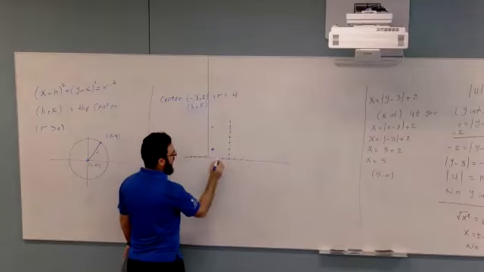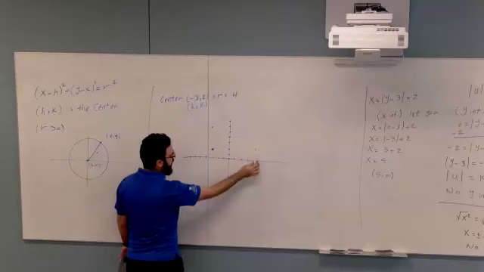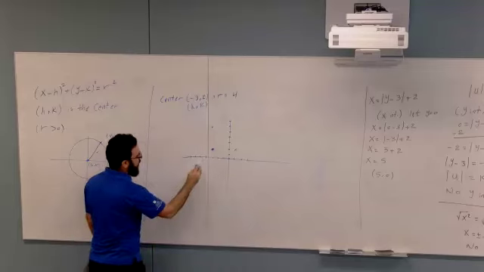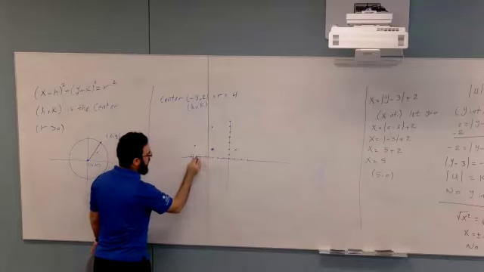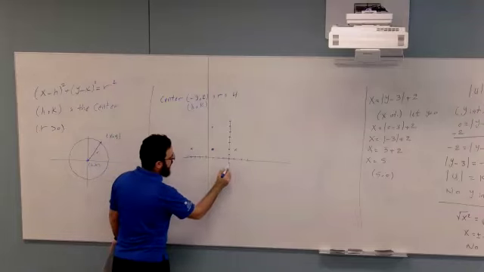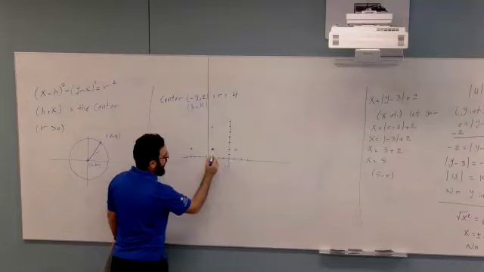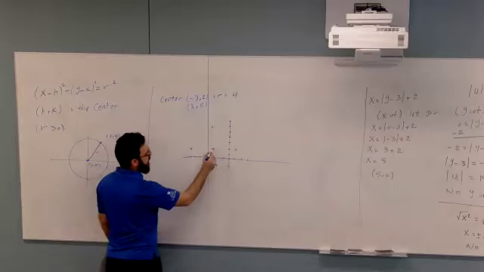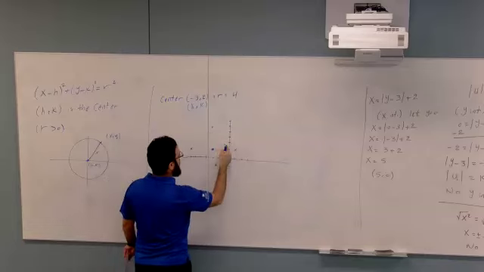And from here, I'm going to count 4 to the left: 1, 2, 3, 4. And from here, 1, 2, 3, 4. And from here, you're going to go down 1, 2, 3, 4.